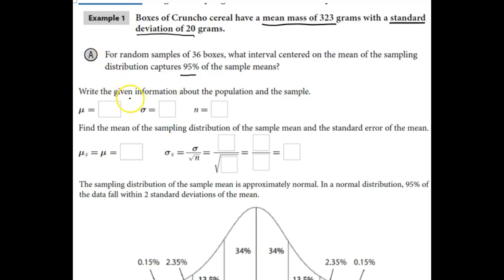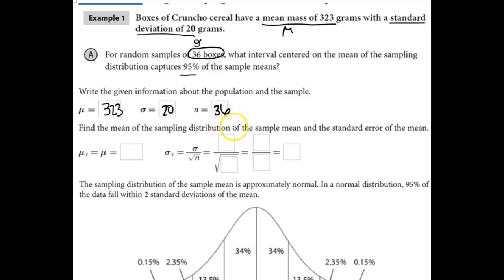Alright, let's first write the given information. Here again our mean, denoted by this symbol, is 323. And our standard deviation, denoted by this symbol, cursive O, is 20 grams. Our sample size, they say, is a random sample of 36 boxes of cereal.